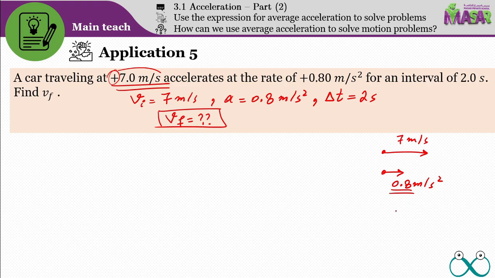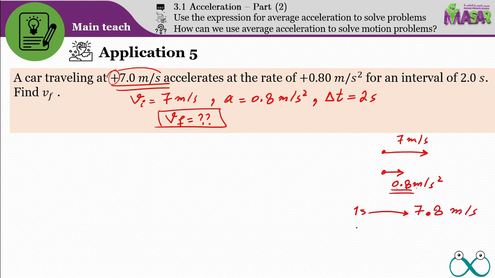It means each second, the velocity will increase by 0.8, which means after 1 second, the speed will increase by 0.8. So I'm going to add 0.8 to the 7, and after 1 second, the final speed is 7.8 meter per second.